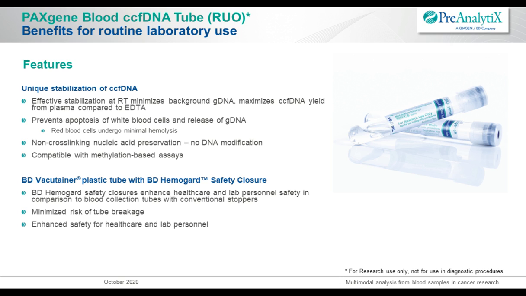This is not that important because of the DNA, because the red blood cells, of course, do not contain DNA, but the red color of the plasma has some other negative impacts on plasma harvesting, and some downstream methods can also be impacted by a huge hemolysis.